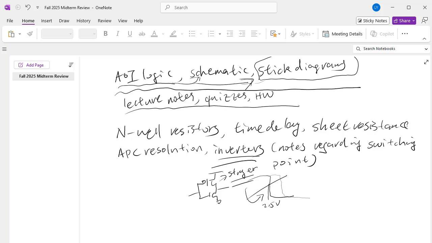So it's making the switching point shift to the right. And whenever you have a stronger NMOS, it's gonna drag it down to 0 earlier. So the switching point will be on the left hand side, and that's how you can understand this easily and also can figure out the problem on the midterm easily.